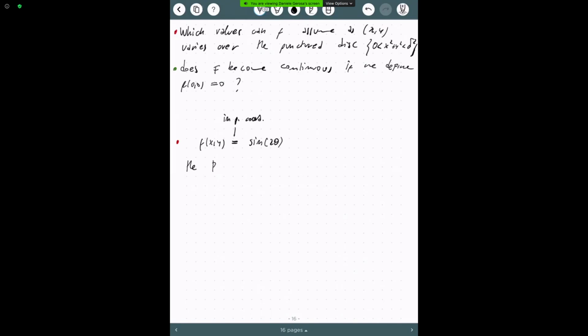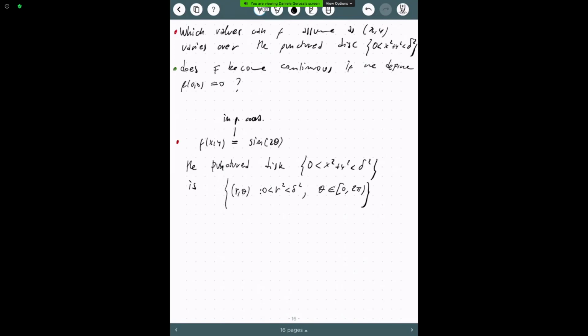And the punctured disk that we wrote in Cartesian coordinates, you can rewrite this set as the set of the points (r, theta) where r squared is strictly less than delta squared and strictly greater than 0, and theta belongs to 0 to pi, right?